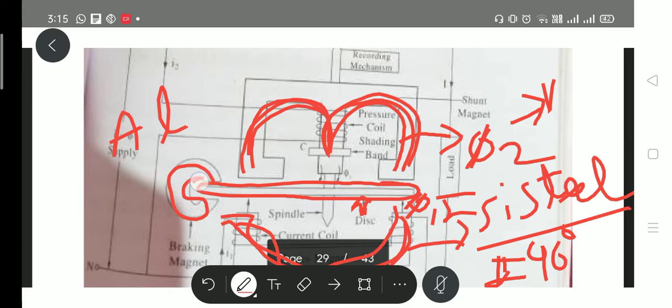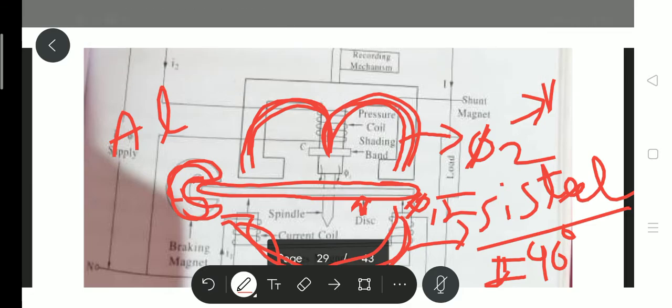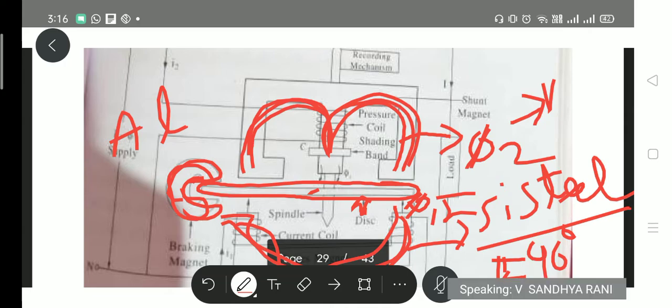The braking torque is proportional to the speed of the aluminum disc rotation. The torque depends upon the aluminum disc speed. The braking magnet controls the speed of the disc, so this magnet controls the speed of this aluminum disc.